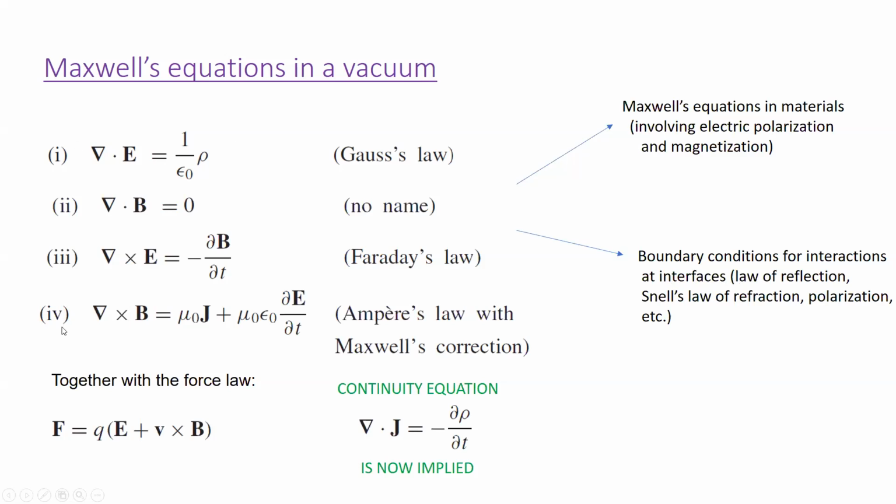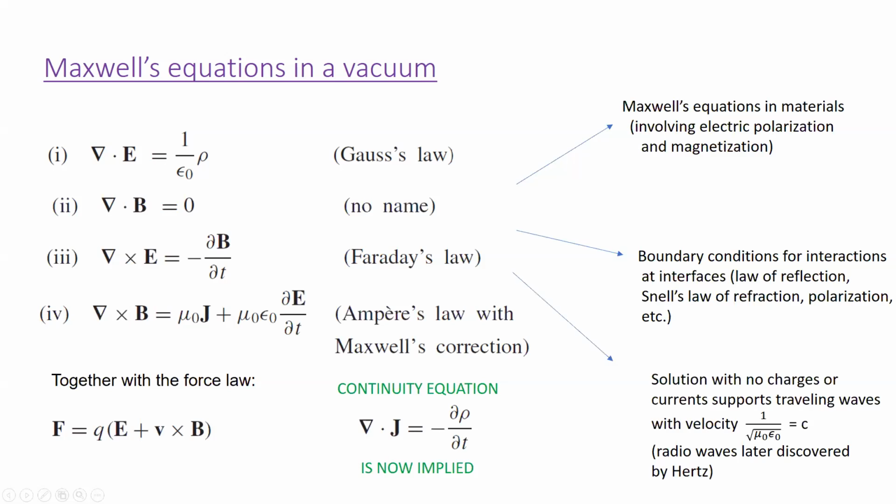These equations help us to figure out how the electric and magnetic fields have to change at the interface, what boundary conditions they show, and we can derive the law of reflection, the law of refraction, effects of polarization on the reflected and transmitted rays.